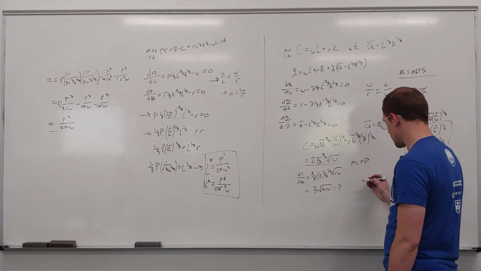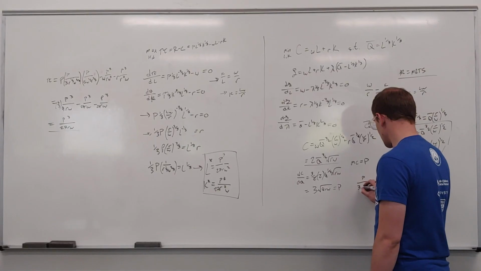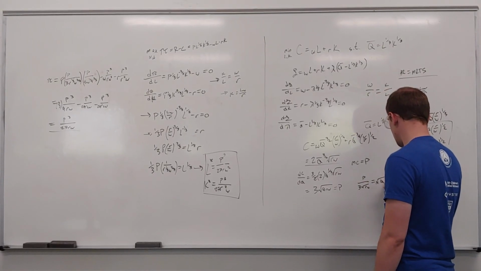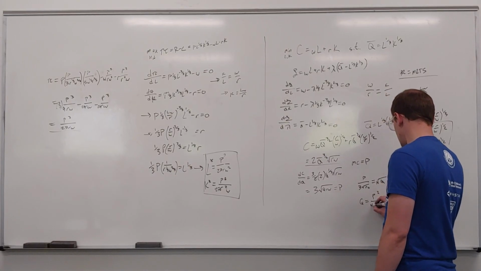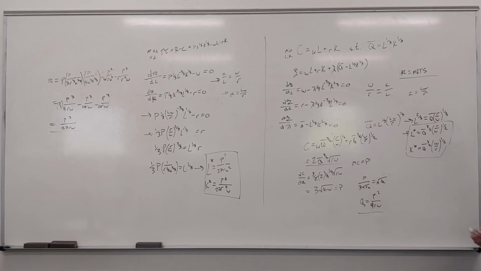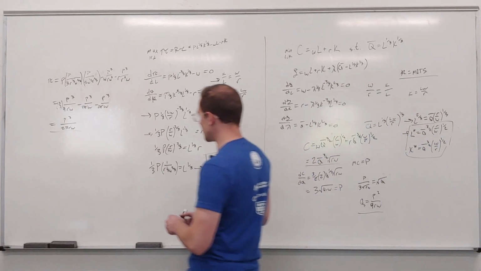So if we solve for q, then we get p over 3 root rw is going to be root q. Therefore, q is going to be p squared over 9rw. And that is our supply curve. Okay, we can actually get the same supply curve from the profit maximization problem.